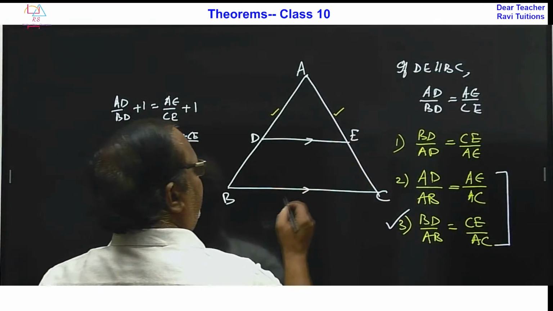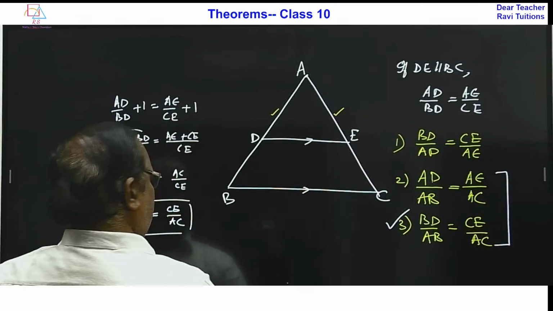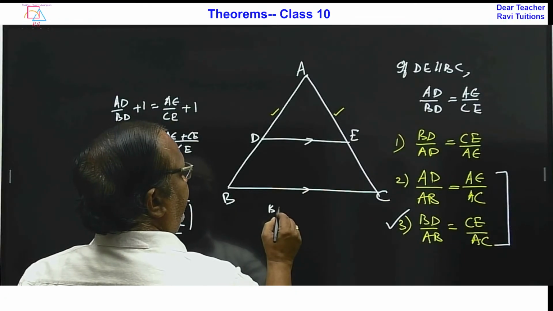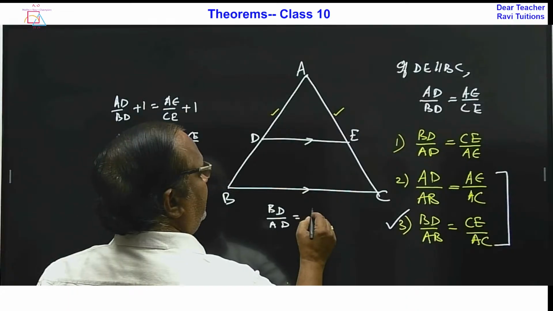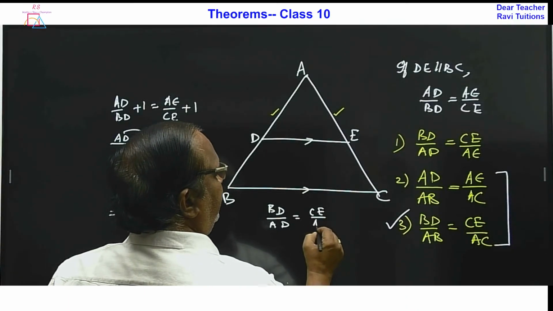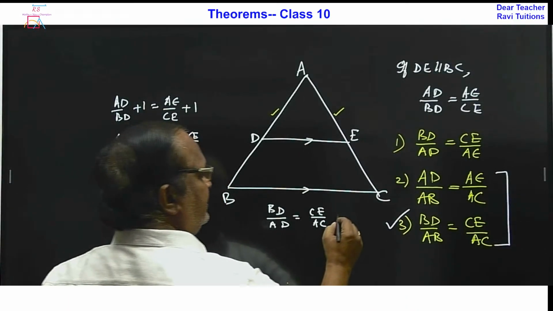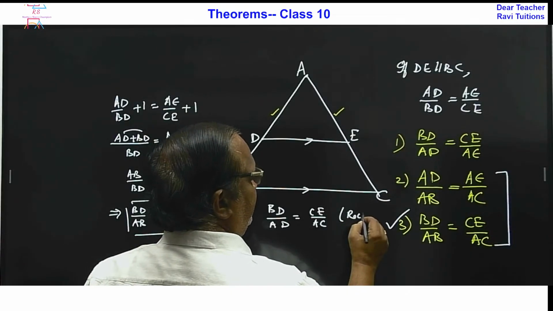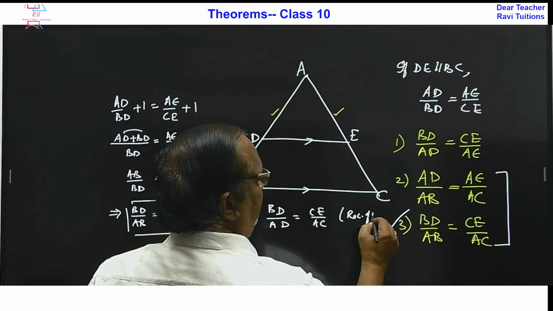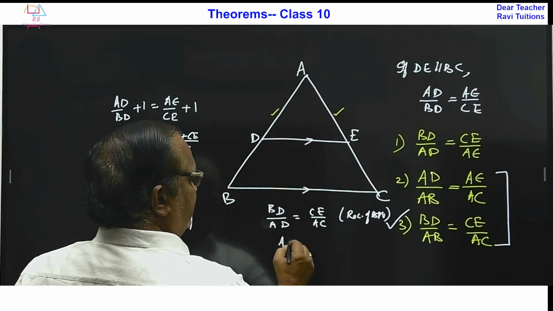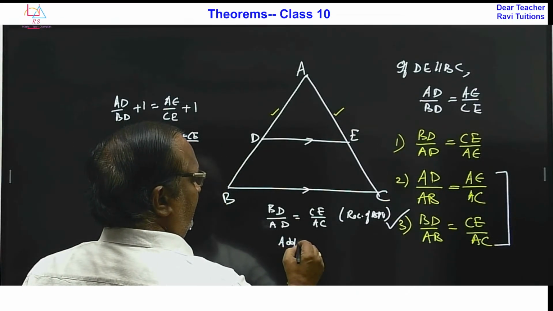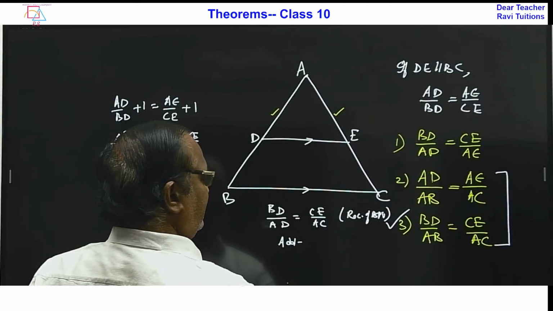What is the reciprocal? BD by AD is equal to CE by AE. This is the reciprocal of basic proportionality. Now add 1 on both sides.